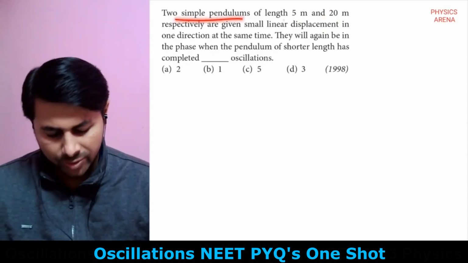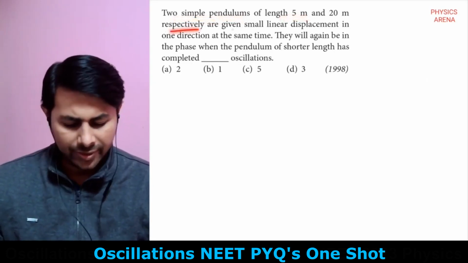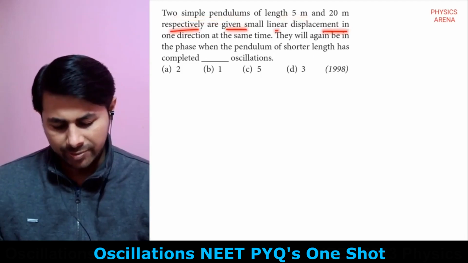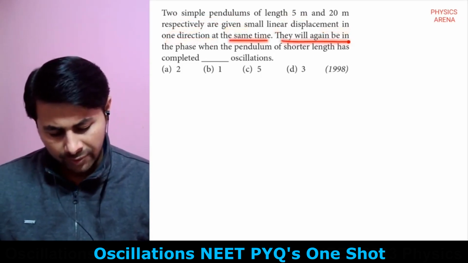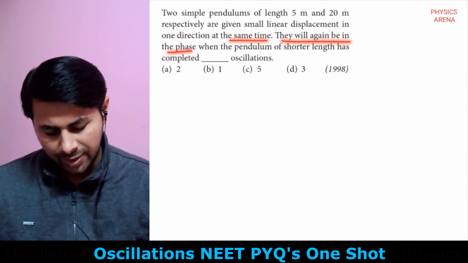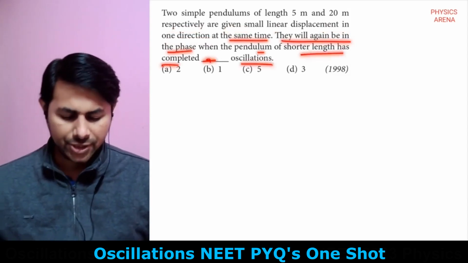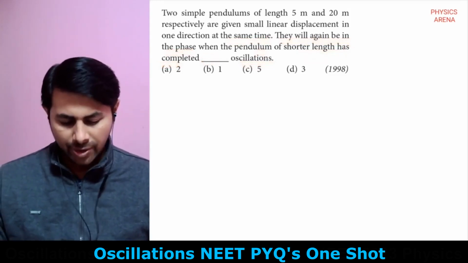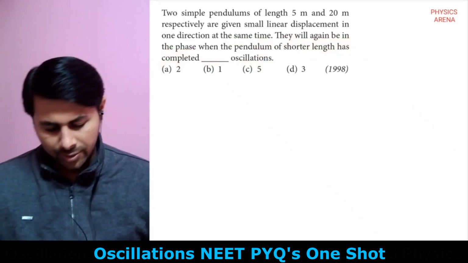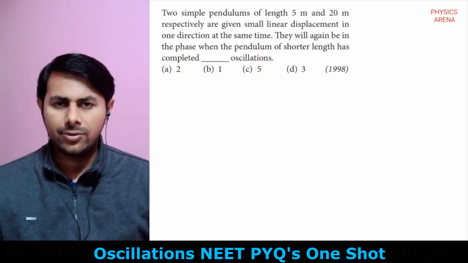Two simple pendulums of length 5 meter and 20 meter respectively are given small linear displacement in one direction at the same time. They will again be in phase when the pendulum of shorter length has completed how many oscillations? This is a simple question. The lengths are in ratio 1:4.